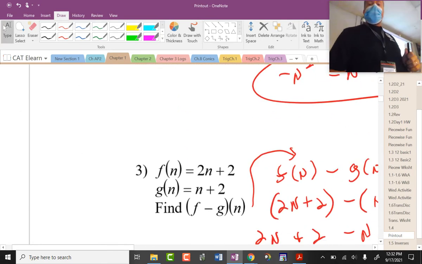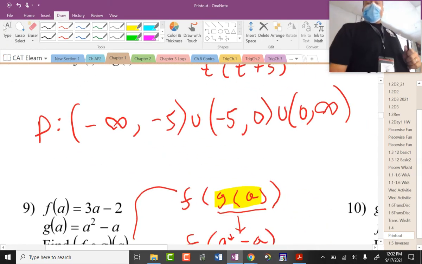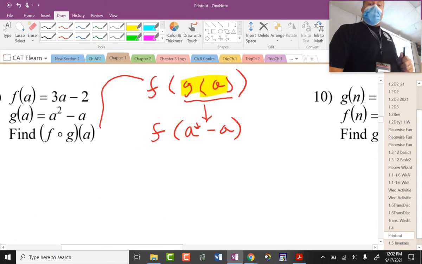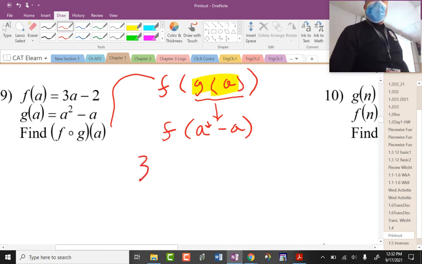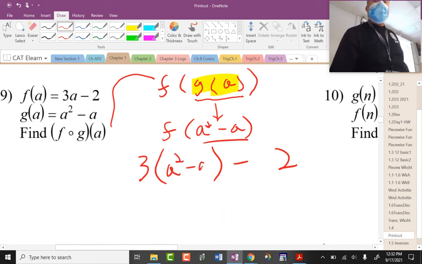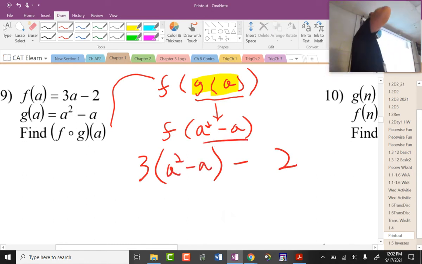Oh boy, why'd you throw me all the way up there? So all I have to do is go to the f function. Wherever there's an a, I get rid of it, and I throw a squared minus a in its place. What people often do on this is put a times a squared minus a.